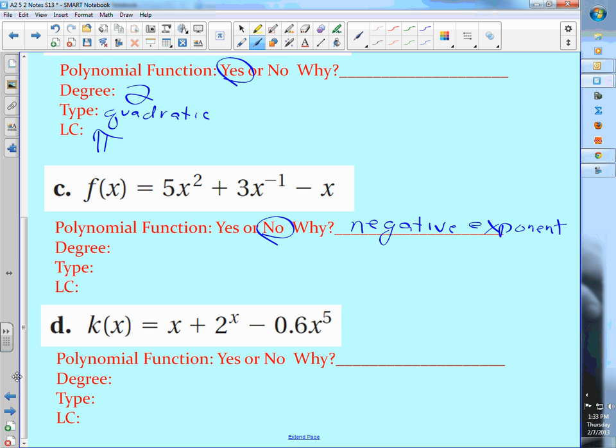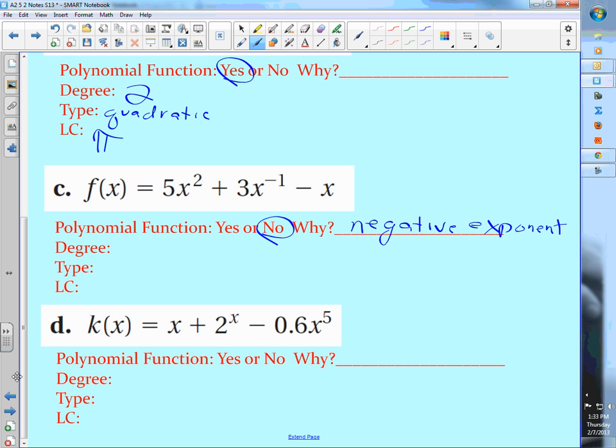Okay? That means the variable x is in the power position, which means it's not going to be a polynomial function, because in order for that to be a polynomial function, x would have to be a whole number.